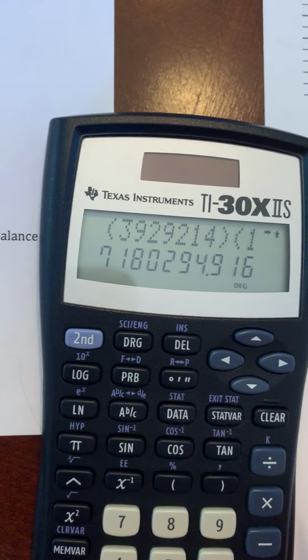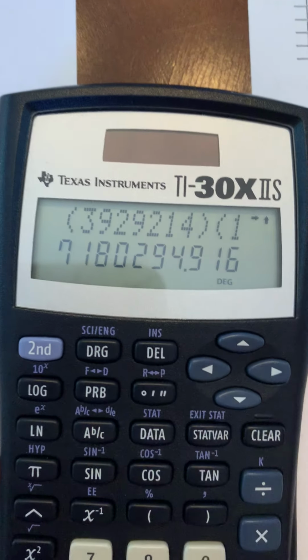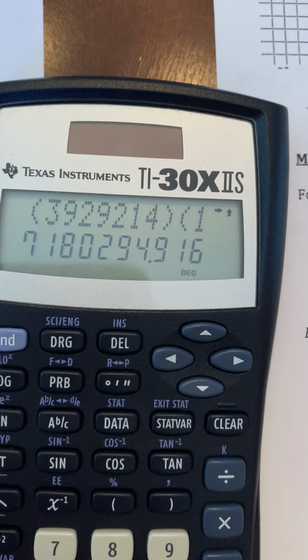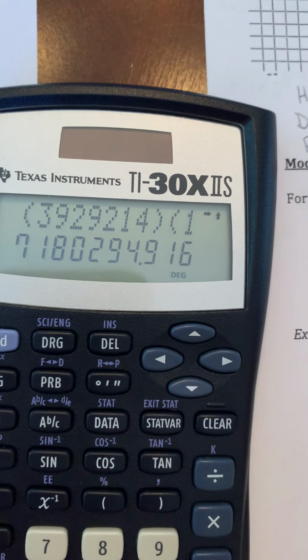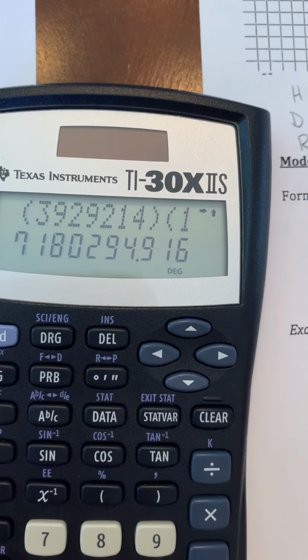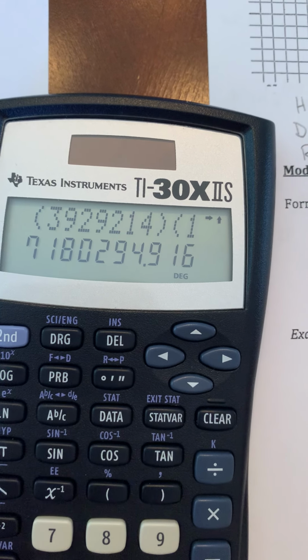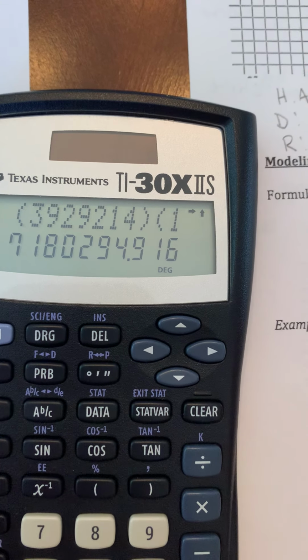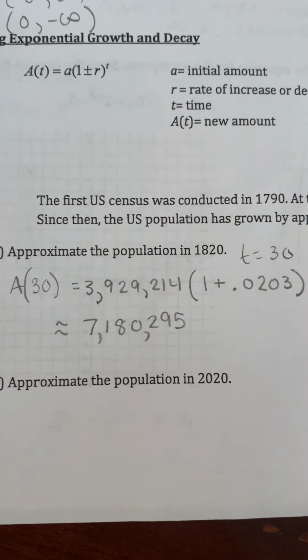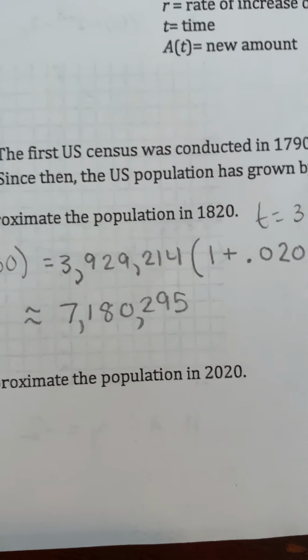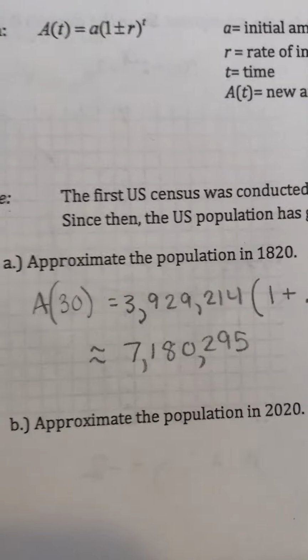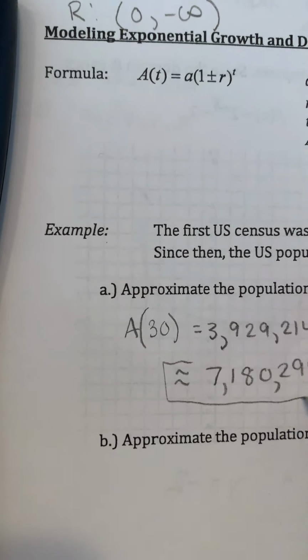And so I get this large number. We'll round it. So we have approximately 7,180,295 people will be my population.